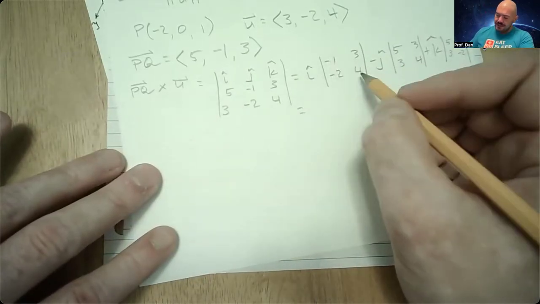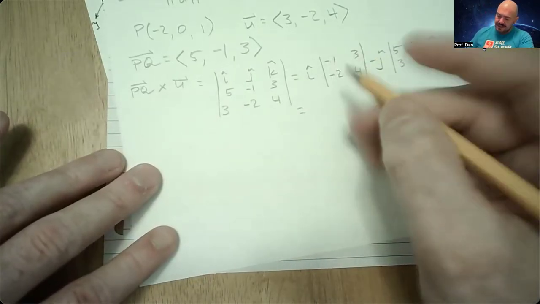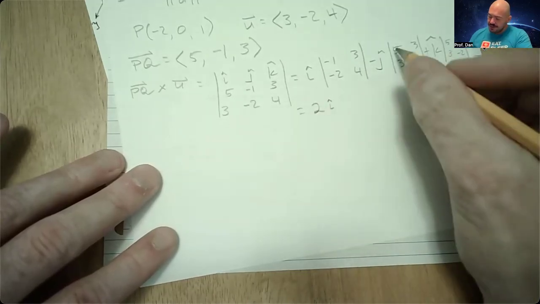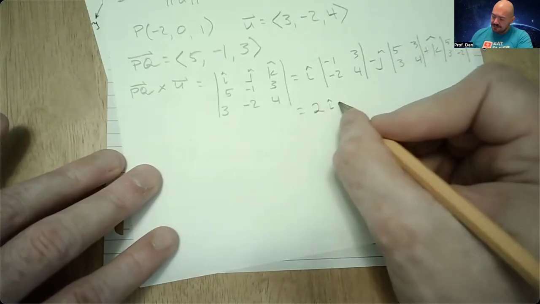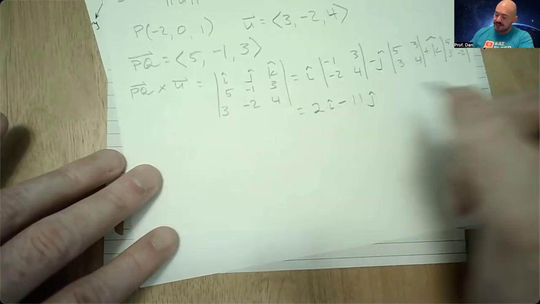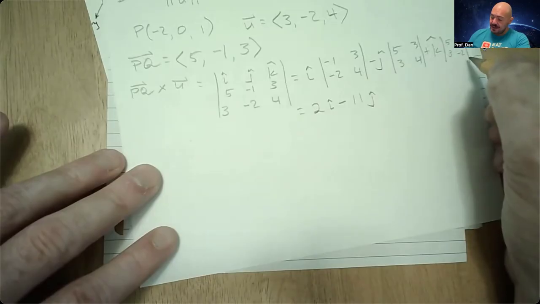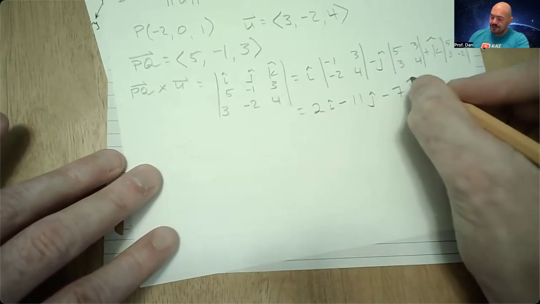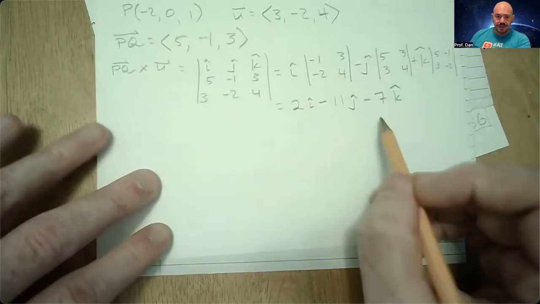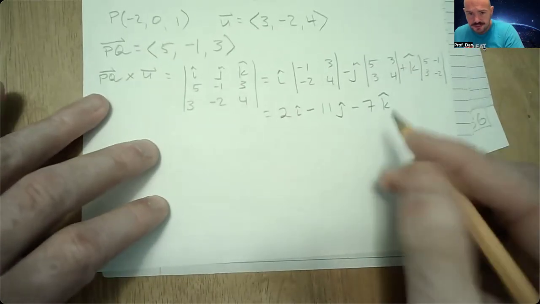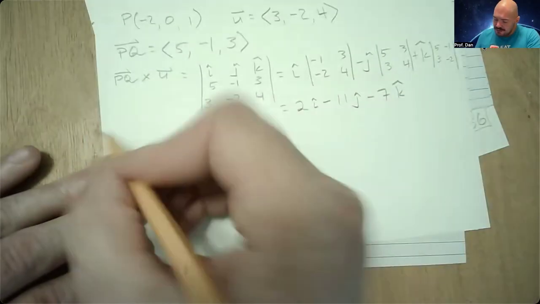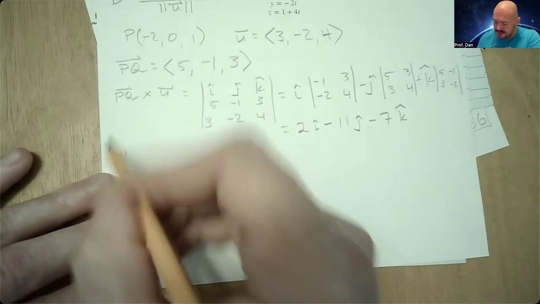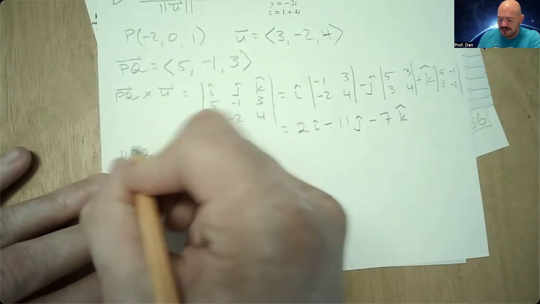Writing that out, we get -4 minus -6, that's positive 2i. 20 minus 9, so minus 11j. -10 minus -3, so minus 7k. So this is my cross product, PQ cross U. The numerator of my distance equation here is the magnitude of this cross product.